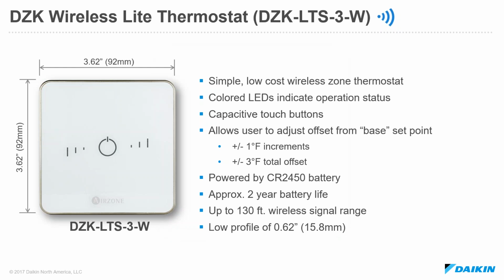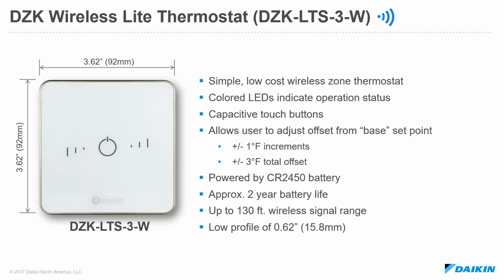And the idea with the wireless light is to have a sort of very limited functionality, low-cost zone-level thermostat that allows the user to make some set point adjustments, turn on and off the zone, but really limits the complexity and the interaction between the user and that DZK zone. So the wireless light uses colored LEDs to indicate the operational status of the zone.